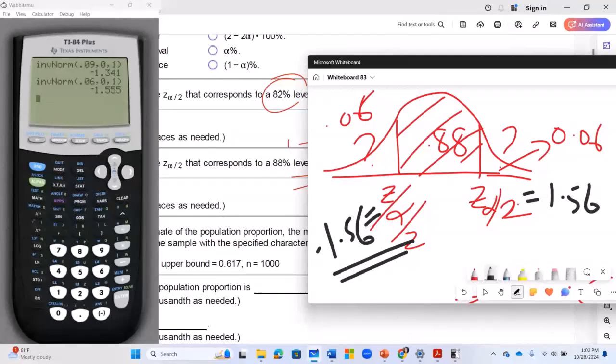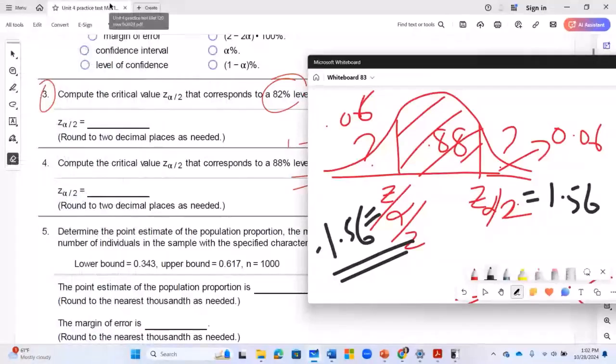All I need to do is find the critical value to the left and switch the sign, and it becomes the critical value to the right. Find the critical value to the right, switch the sign, and it becomes the critical value to the left. All right, so we have answered questions 3 and 4 in the practice test.